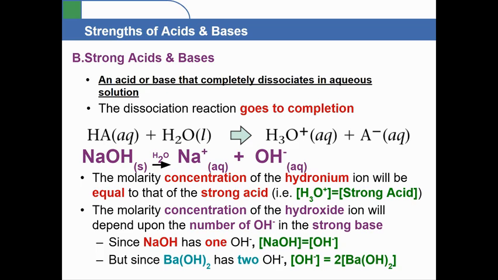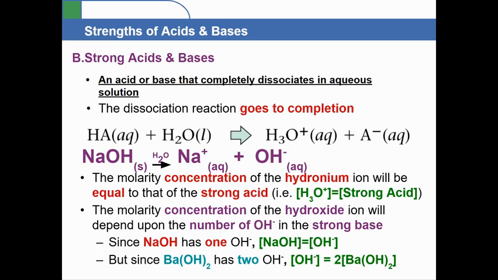Now, when you're worrying about numbers and the concentration, the molarity concentration of the hydronium ion will be equal to that of the strong acid. So if you have a 2 molar solution of strong acid, then you have a 2 molar concentration of hydronium ion. The same thing goes if it's a strong base, with a small twist to it.